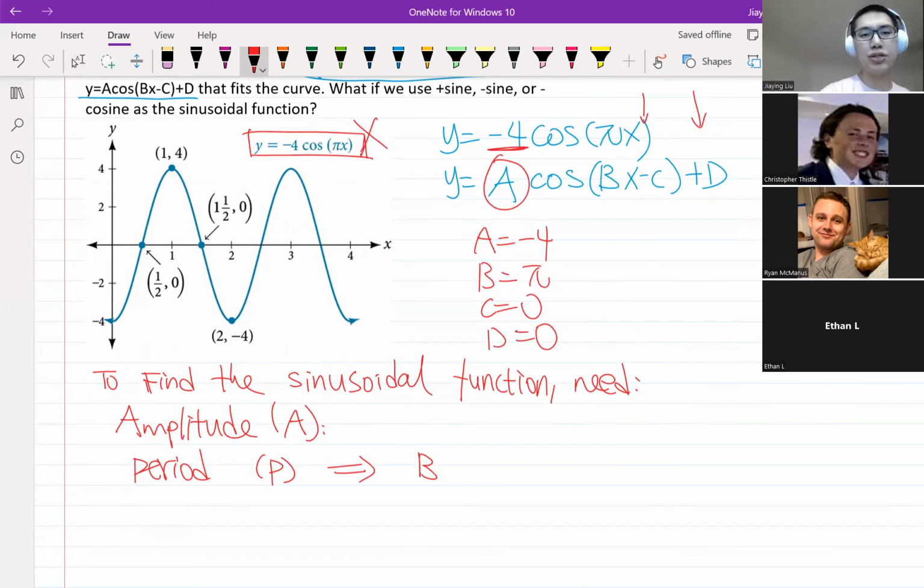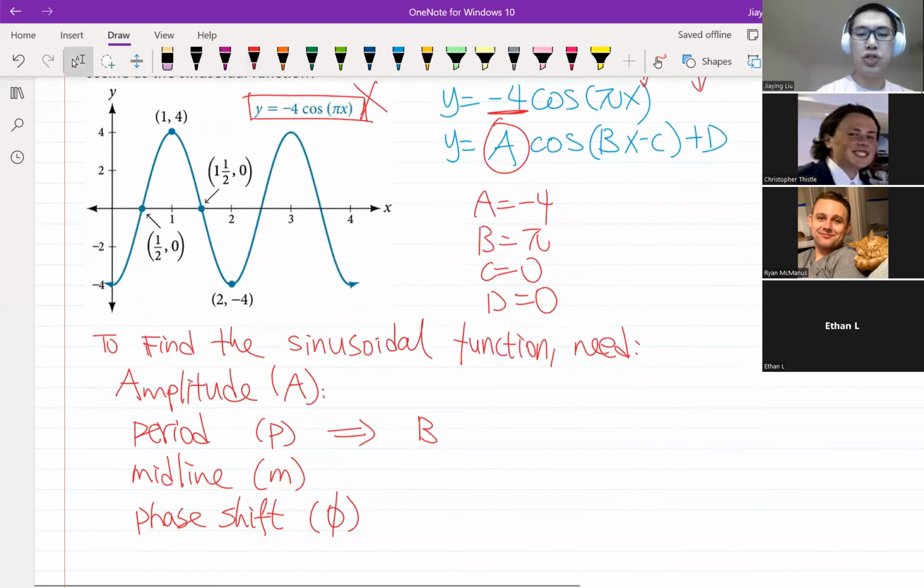And then the next thing we need to know from the graph is the midline. That's called M. And we also need to know the shift left or right, so the phase shift, phi, because the phase shift is going to tell us what the C is.